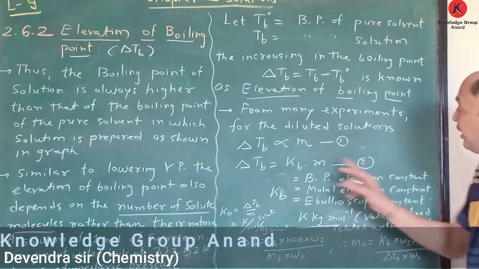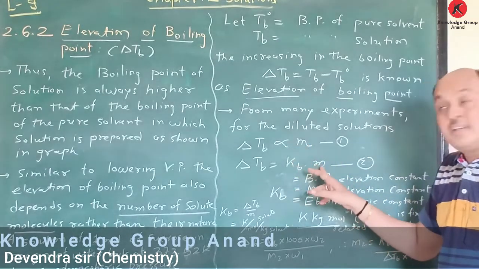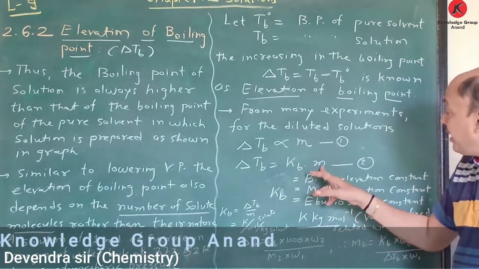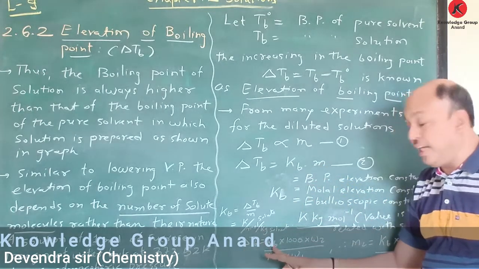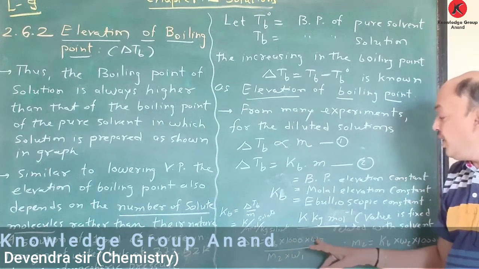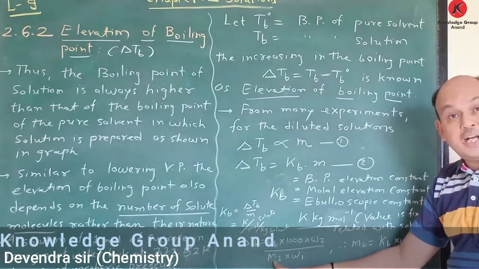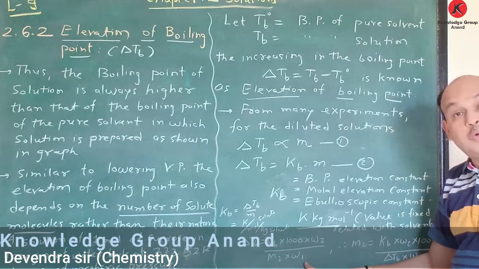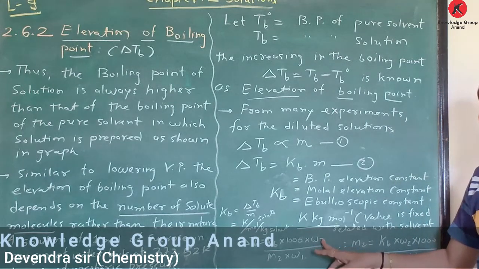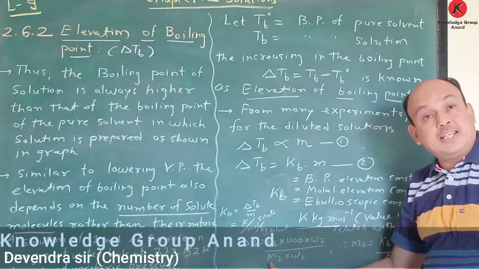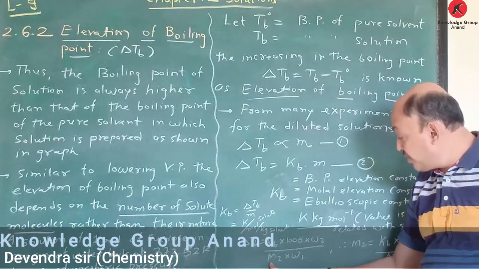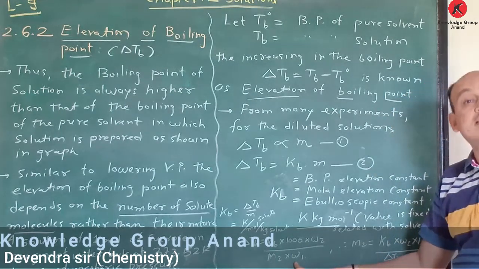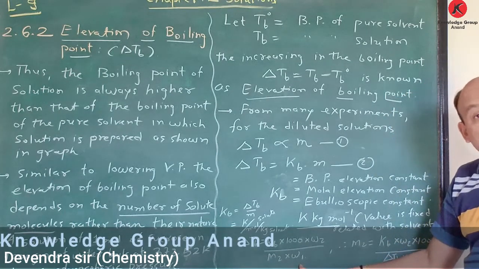So here, for molality, we just put in another formula. You already learned this in this chapter. Delta Tb is equal to Kb into 1000 into W2 divided by M2 into W1, where W2 is the mass of non-volatile solute, M2 is the molecular mass or molar mass of the non-volatile solute, and W1 is the mass of solvent in grams.